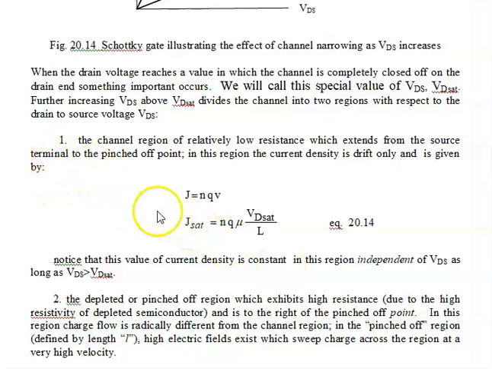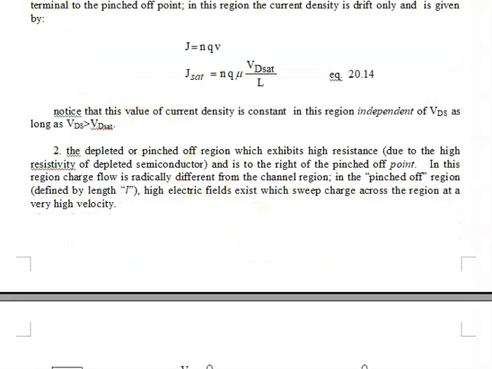And if I put that into our basic drift equation for current, I get a J sat, or a current density sat, which is N Q times velocity. Velocity is equal to mu times the electric field. Electric field is voltage divided by L, and that's where I get equation 2.14.